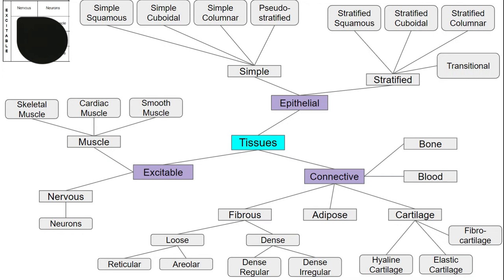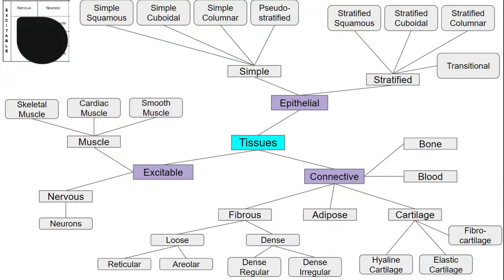Or I might give you a checkbox question where you have to identify which tissues are loose fibrous, or which ones are the 3 kinds of cartilage. So make sure you know which ones kind of fall in different categories and how they're organized because it will help you on the test. But you do not need to draw this, although if I give you scratch paper on the test, you are welcome to.